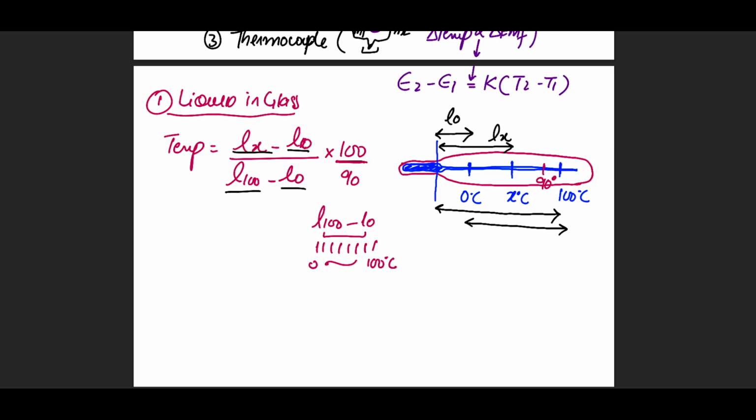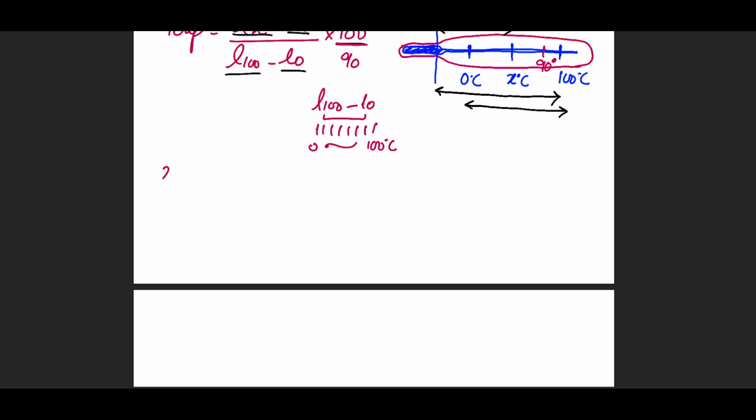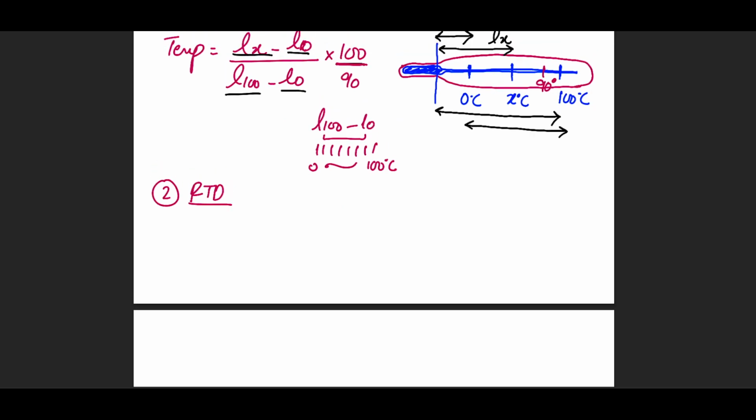Okay. Now, a similar looking formula applies for RTD. That is temperature is equal to Rx, resistance at the unknown temperature, minus resistance at the 0 degree centigrade point, over resistance at 100 minus resistance at 0, multiplied by 100.